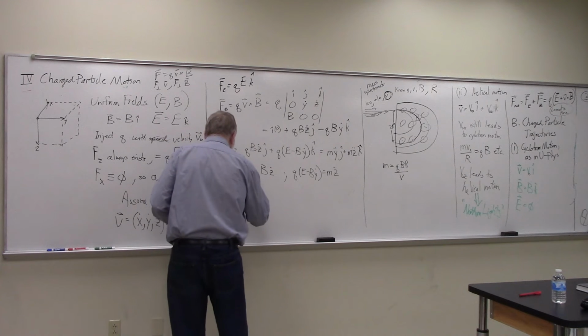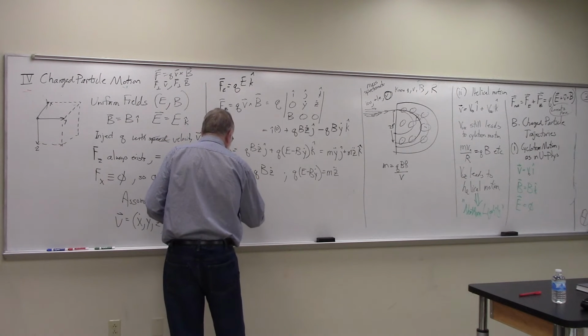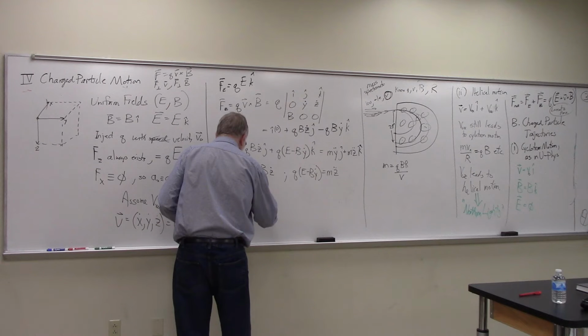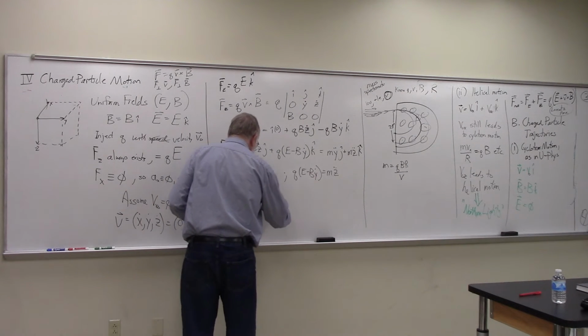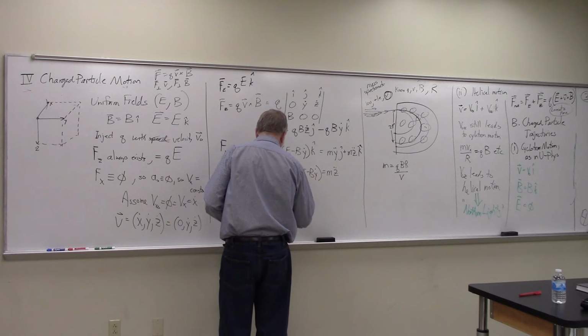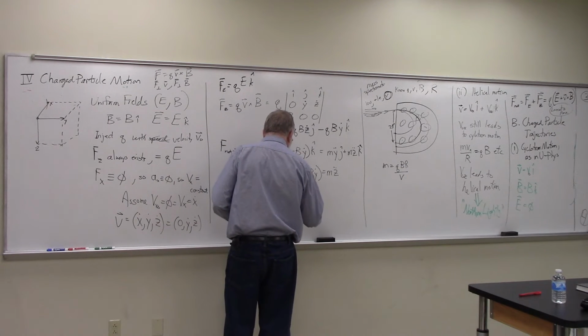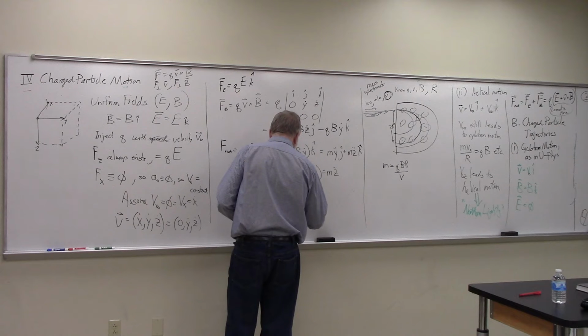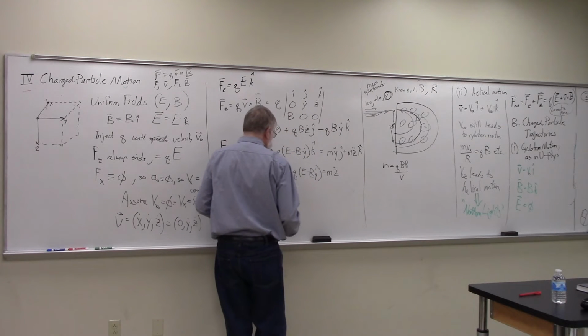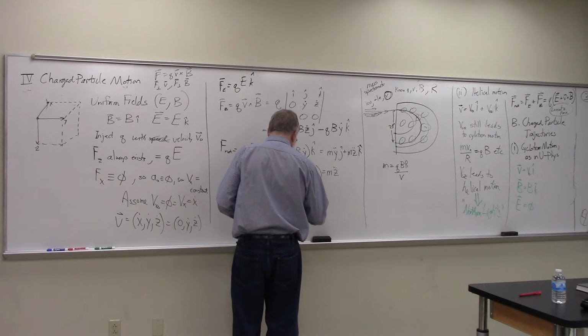And I turn these then into acceleration equations. Y double dot equals q E over m z dot, and z double dot equals q over m. Factor the B out of it. Wait, there's no B in there. Yes, there is. It's just hidden.